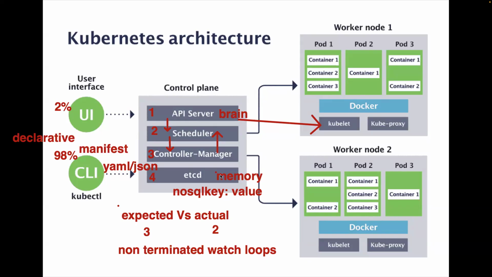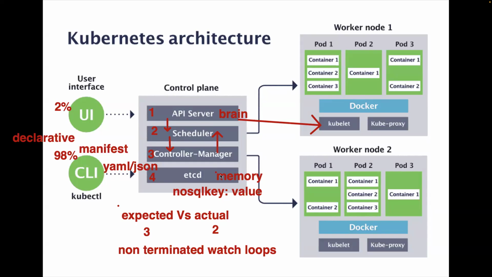Okay, and the controller manager, it also knows which node to select? The controller manager will not schedule it. The controller manager will identify if there is some deviation from the expected result. It will identify that difference and then send the instructions to the scheduler. The scheduler will schedule it. The API server will again send the instructions to the kubelet running on the worker node.